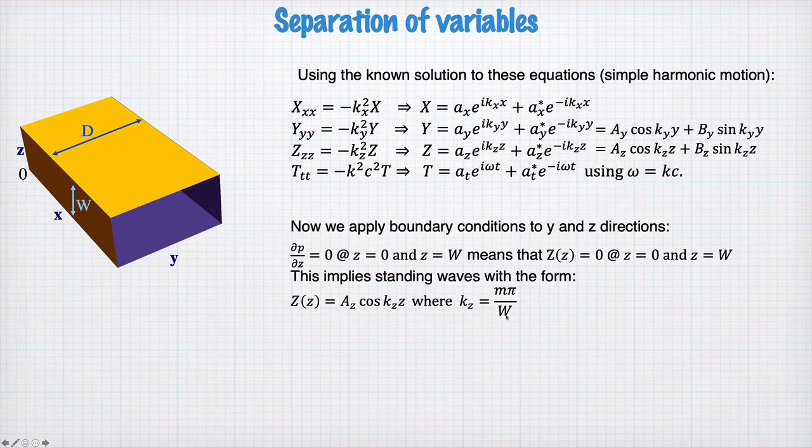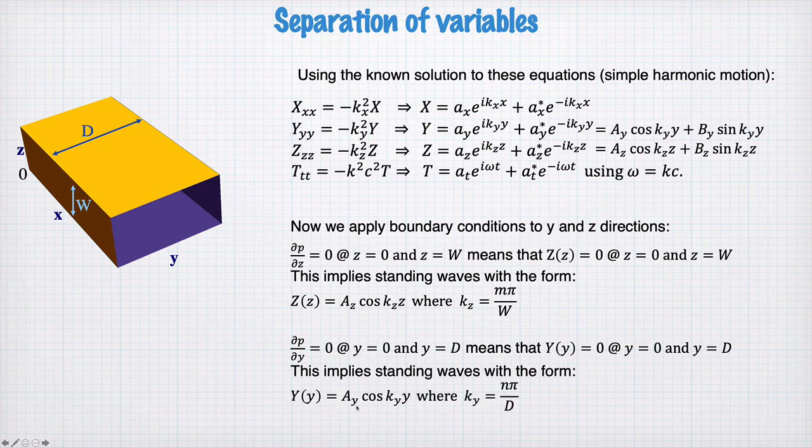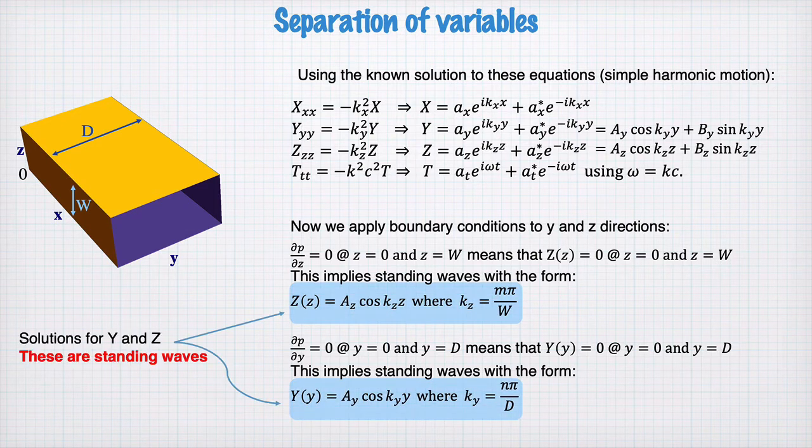That's the function for z, and we get a similar sort of function for y with the same sort of treatment. So these boundary conditions force this solution. It forces a mode in the y direction and a mode in the z direction that is a standing wave. So these two functions here are standing waves in the y and z direction.